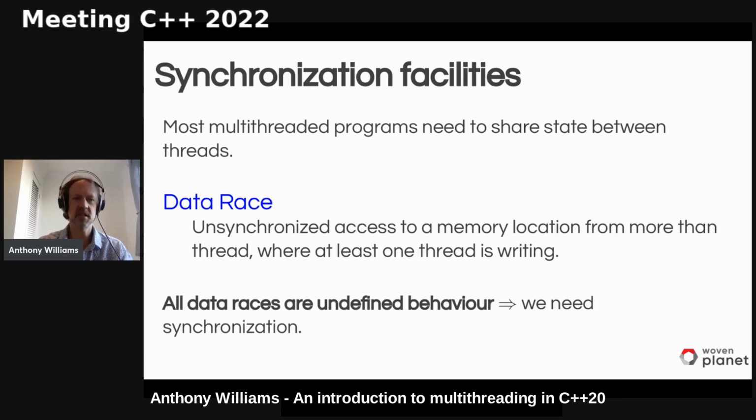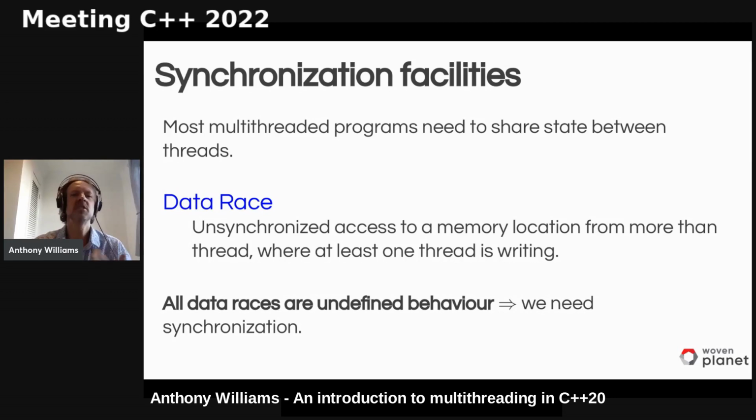And the problem with data races is that data races are undefined behavior. And so therefore, your program could do anything at all. Now, the C++ standard places no requirements on what a program with undefined behavior does. It might launch some missiles, set fire to a computer, reformat your hard drive, post spam messages in your name, or whatever.